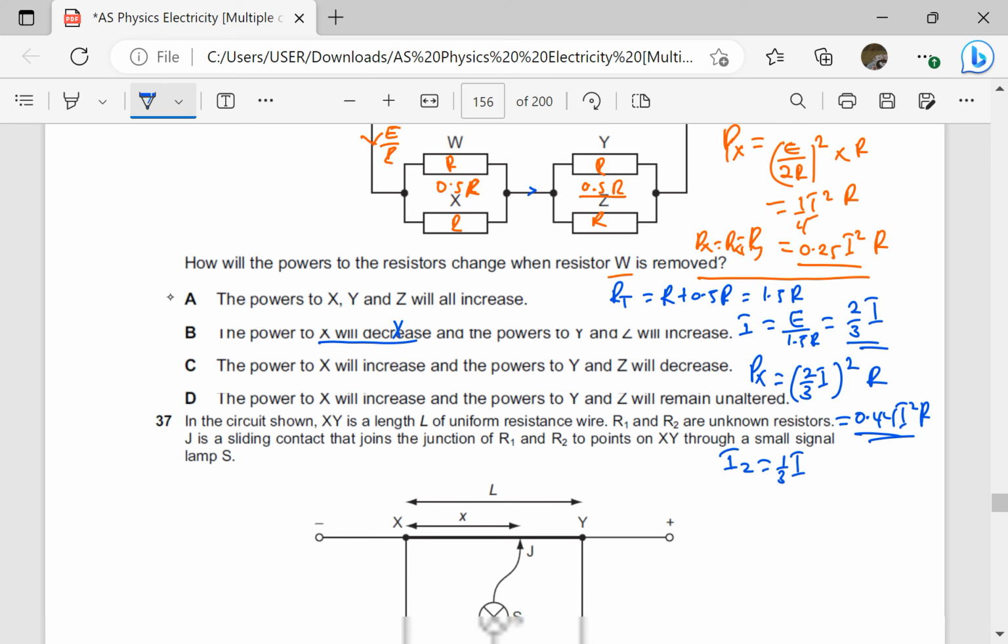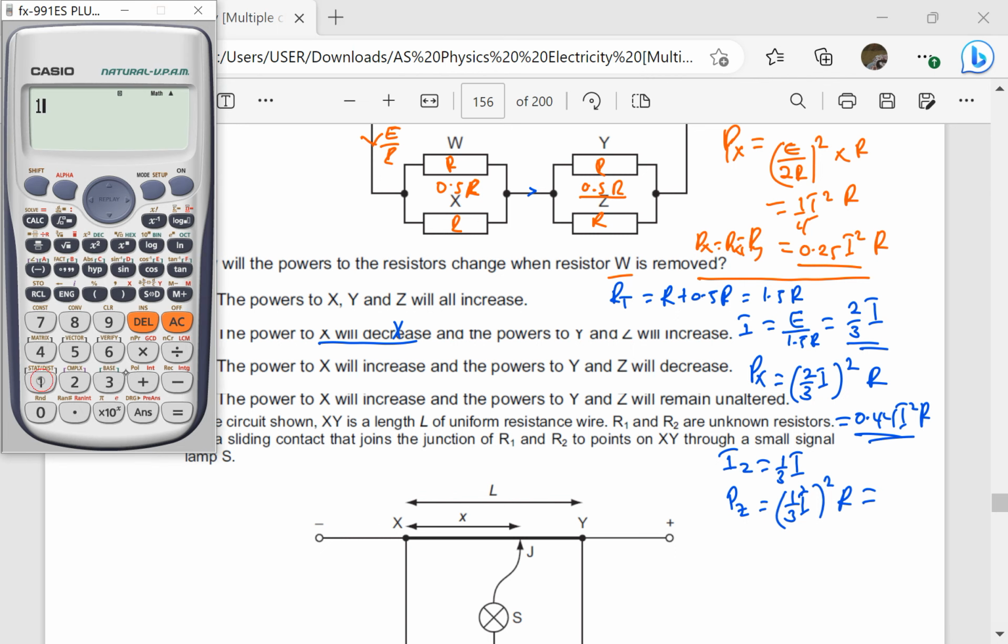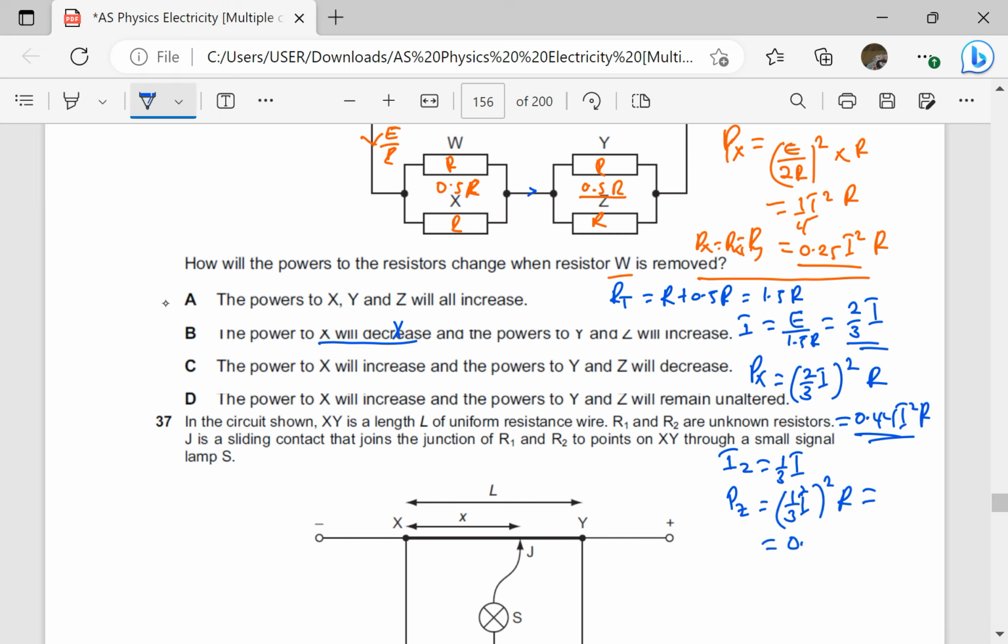So the power in Z, therefore, is going to be the current, which is 1 over 3I, but squared, times the resistance of Z. And 1 divided by 3, even if I square it, gives me 0.11 recurring. So this is 0.11 times I squared times R. You see that the power across Z is now less than 0.25.